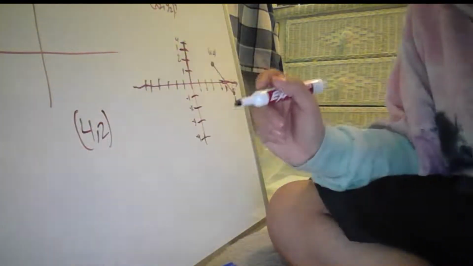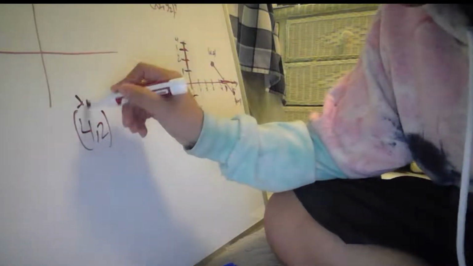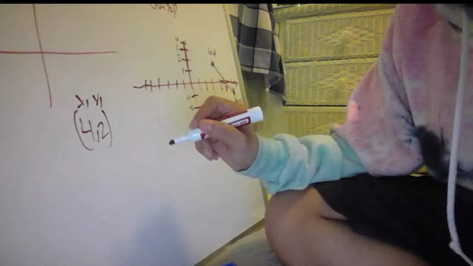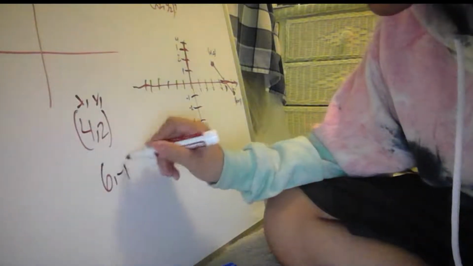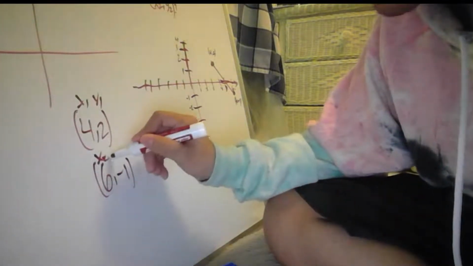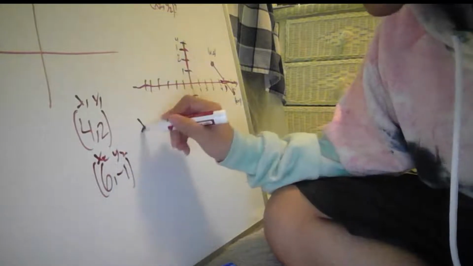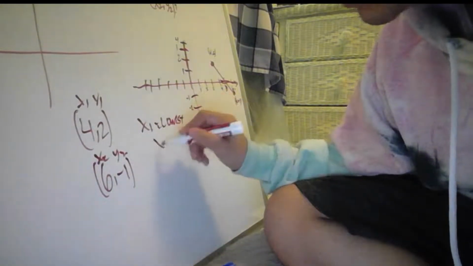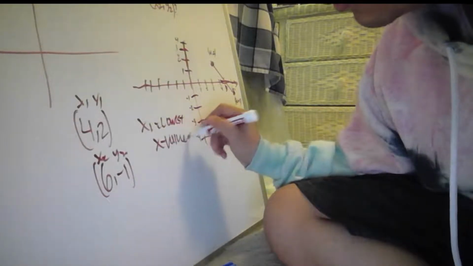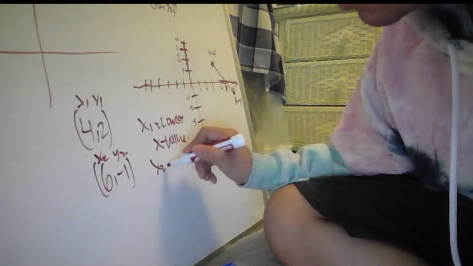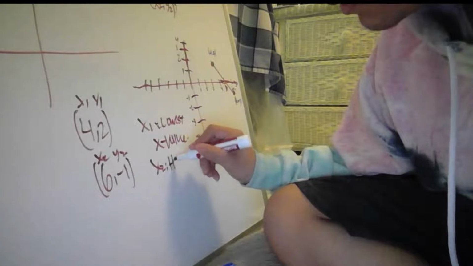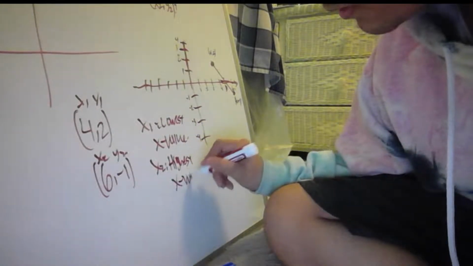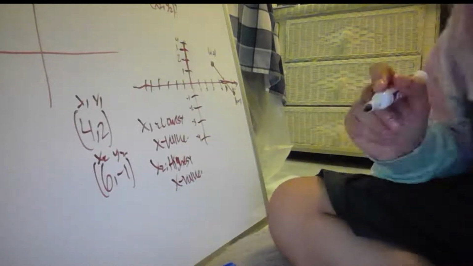4, 2, that's x1, y1. Okay? 6, -1 is x2, y2. x1 is the lowest x value. x2 is the highest x value. Okay?